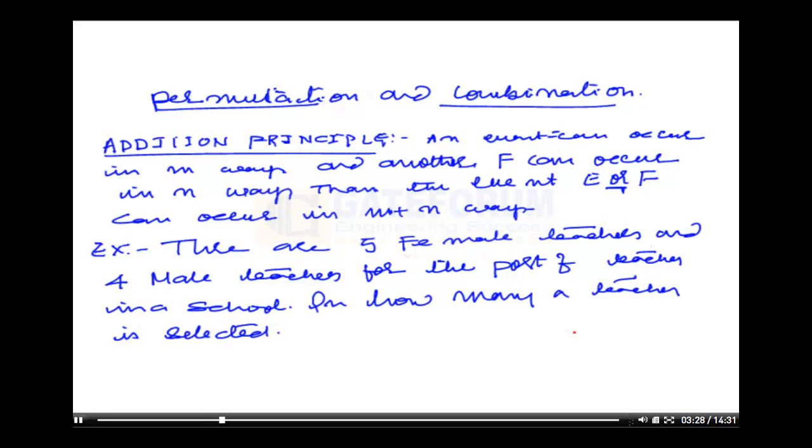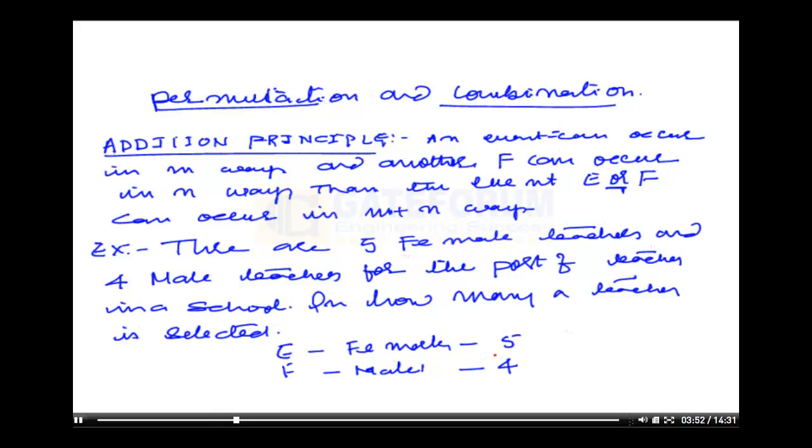You can select either a male or a female. That means if E stands for a female and F stands for a male teacher, you can choose either E or F, where females are 5 in number, males are 4 in number.